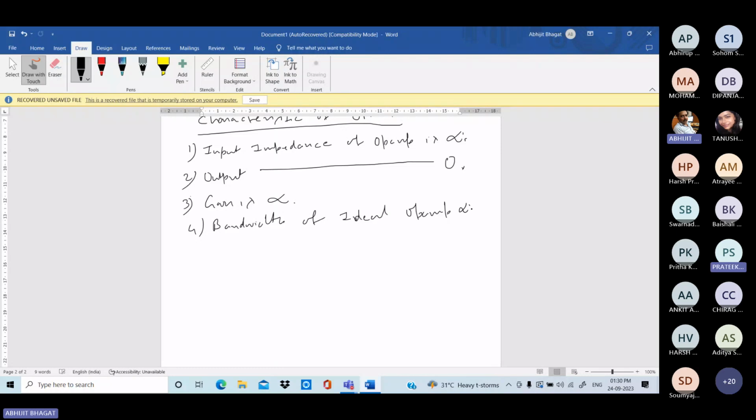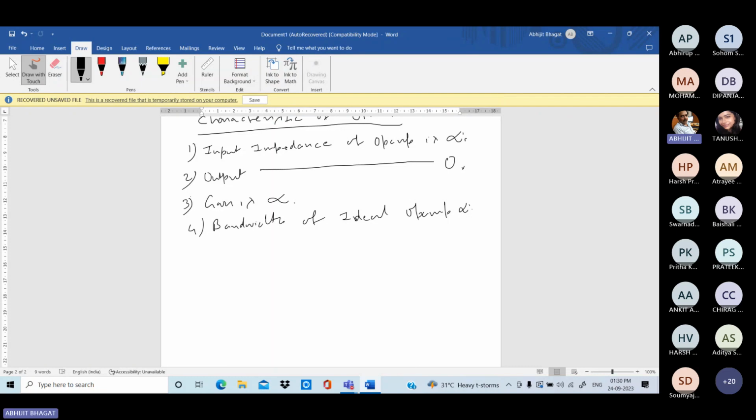Bandwidth means across the output side you get all types of frequency, all types of voltage. Ideally it is infinite, but practically the bandwidth is a high value. Means you get a very high range of frequency across the output, but it should not be infinite for the practical case. So ideally it is infinite bandwidth.